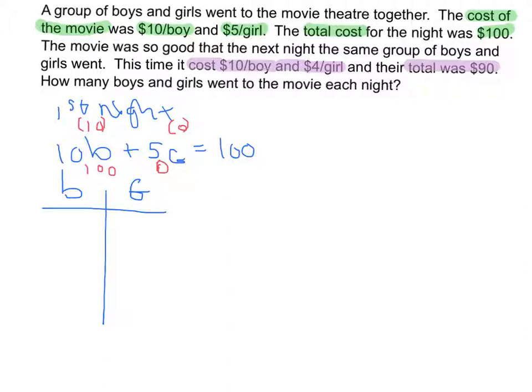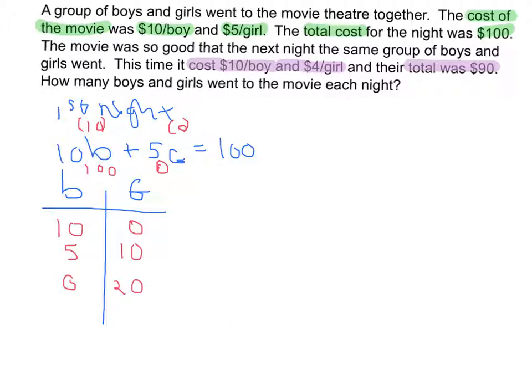So if there were 10 boys, there's 0 girls. Okay, if we plugged in 5 for B, 5 times 10 is 50, which means there must have been 10 girls. And if there were 0 boys, then that would be 20 girls.